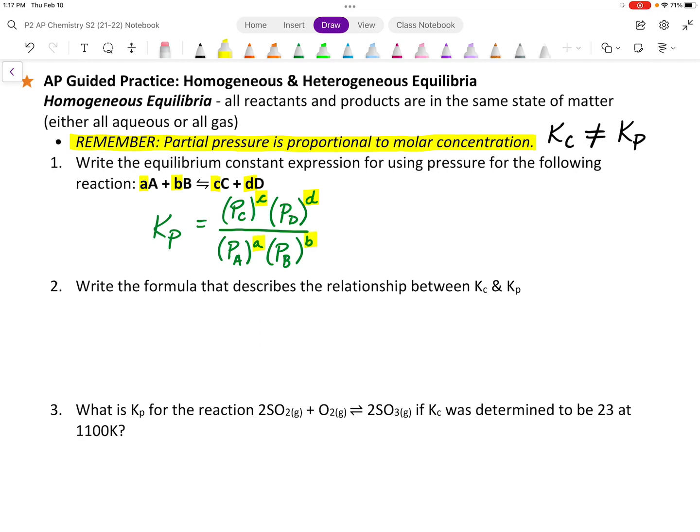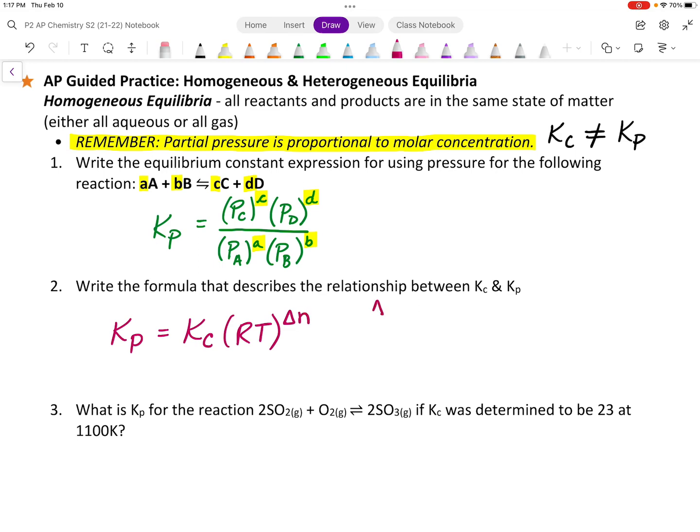So if we want to be able to go between Kp and Kc, we actually have an equation that we can use to do that. And so what we find is that Kp is equal to Kc times RT to the delta n.